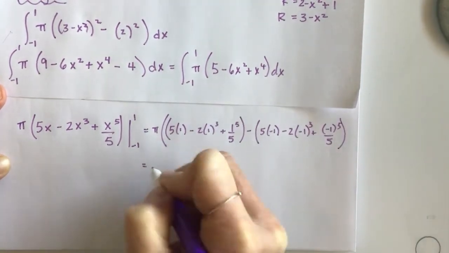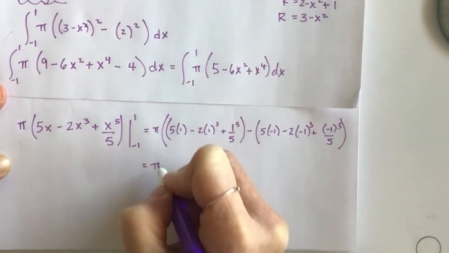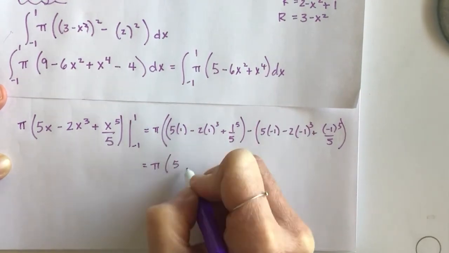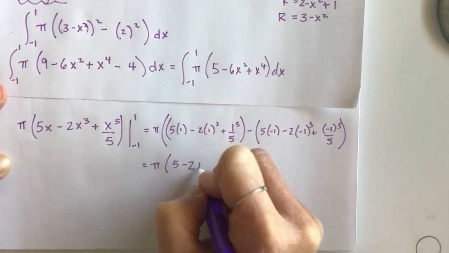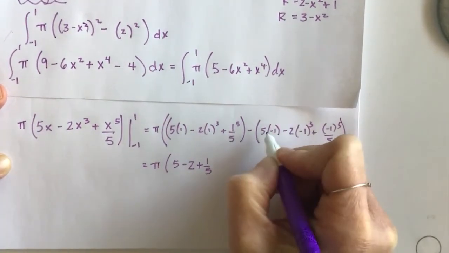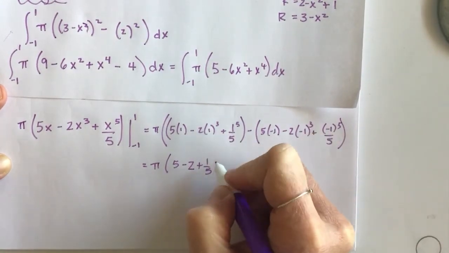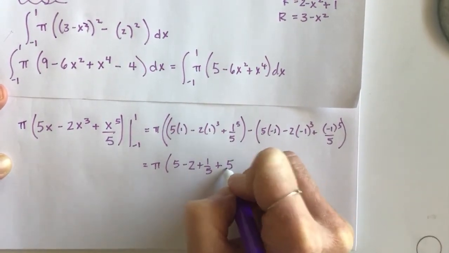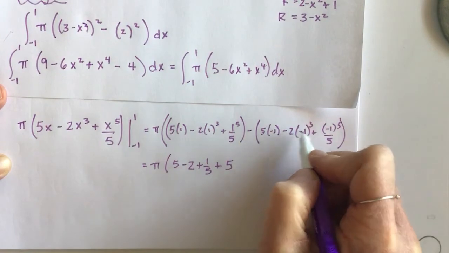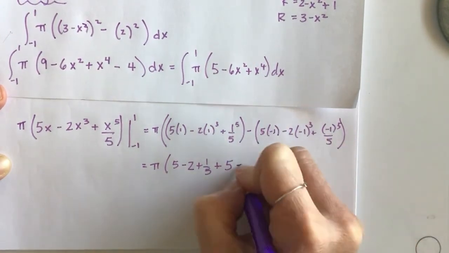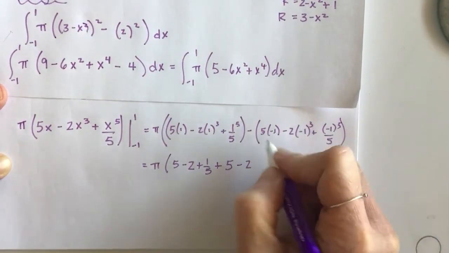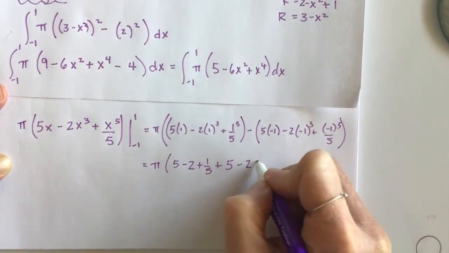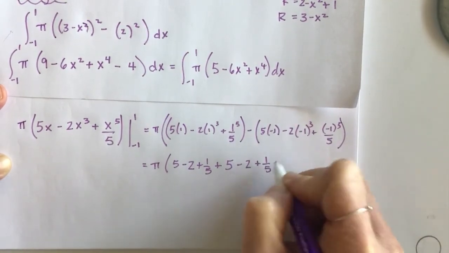Okay, and then we just have some arithmetic to do. 5 minus 2 plus 1/5, and this is going to be a negative 5 minus a negative 5, which is plus another 5. And then this is a negative times a negative, which is positive, minus 2. And then a negative times a negative is a plus 1/5 again.